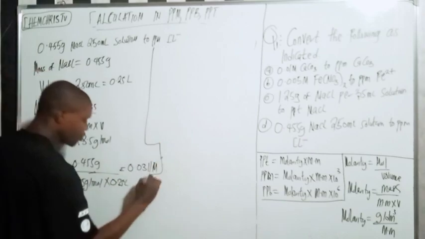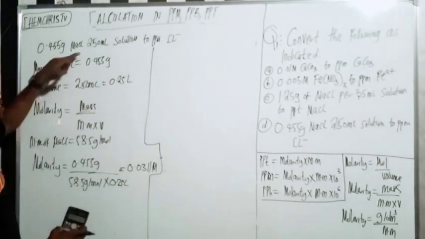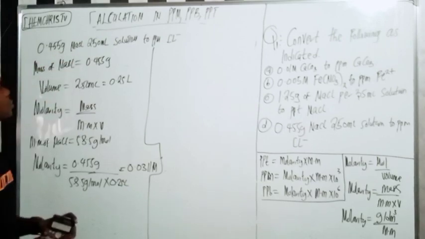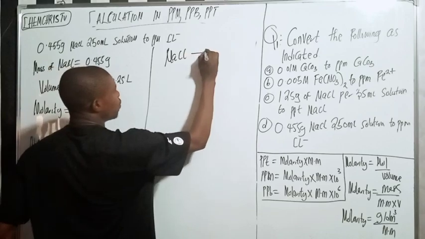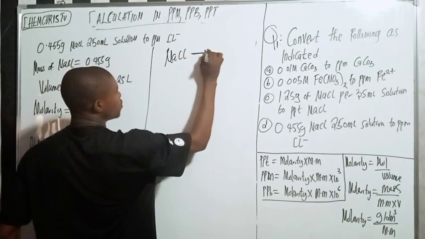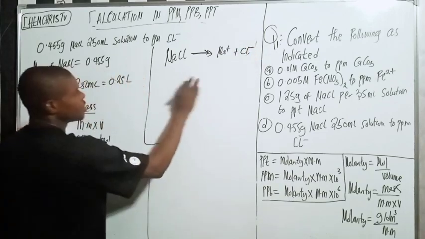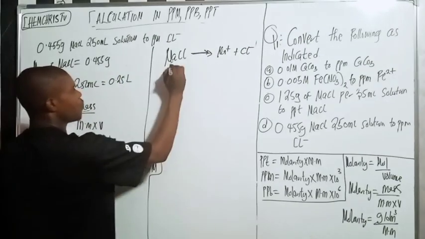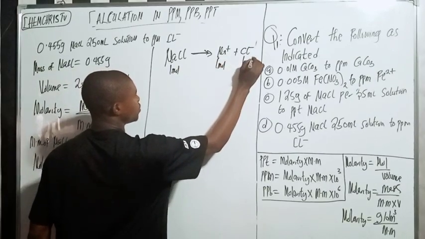Now, what are you going to do next, right? Remember, they say Cl minus. This way, I want to write the ionic equation of this sodium chloride. NaCl, what do you have here? You have Na plus and Cl minus, right? So the equation is already balanced. So here we have 1 mole, here 1 mole, here 1 mole. Do you get that?